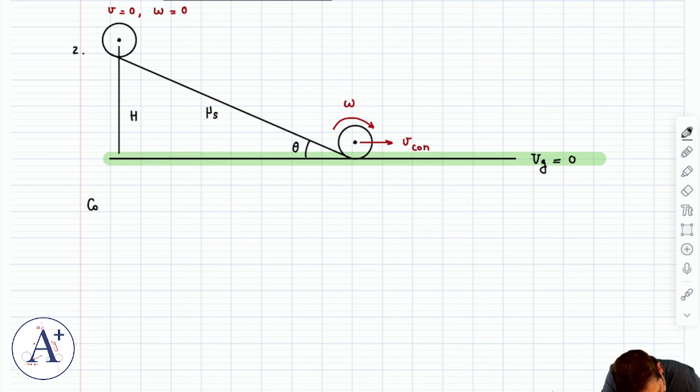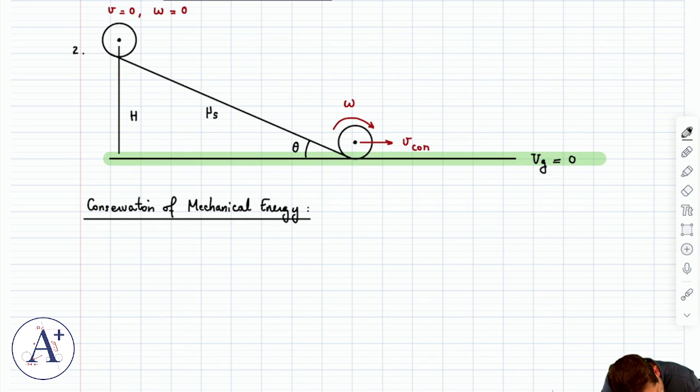So let's write conservation of mechanical energy applied to this thing. Now, we are going to apply conservation of energy to this thing by tracking its center of mass. Okay, so what's the kinetic energy at first?